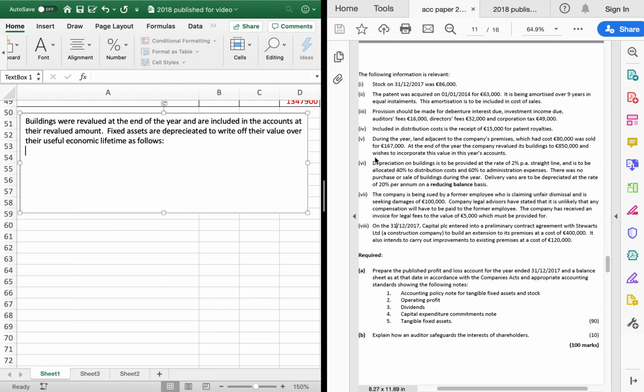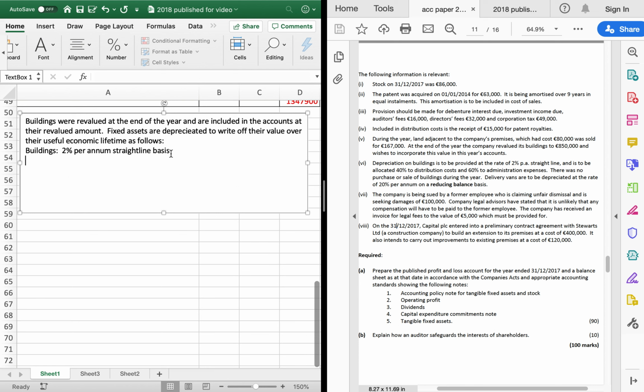How are we doing it? Well, go back up to your workings. Buildings are being depreciated at 2% straight line. I suppose you better write per annum. Straight line basis.